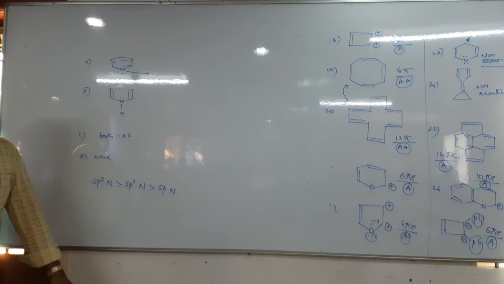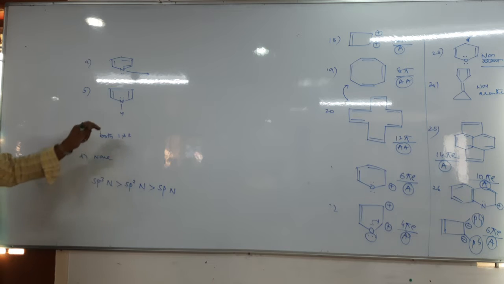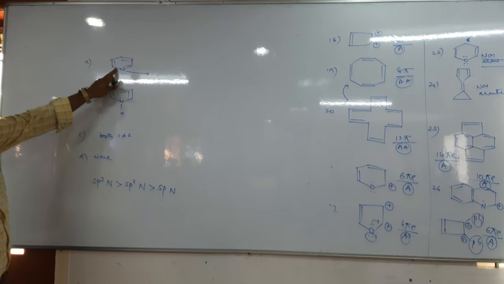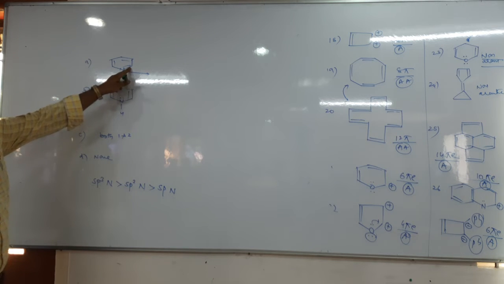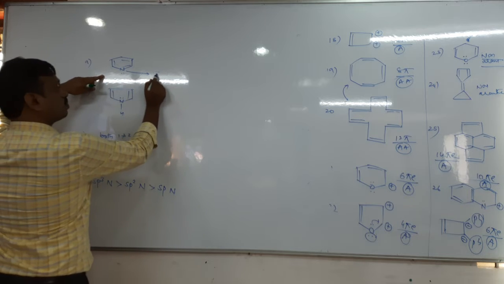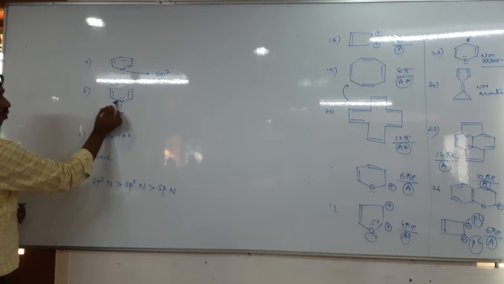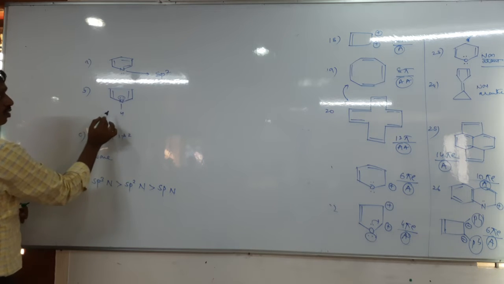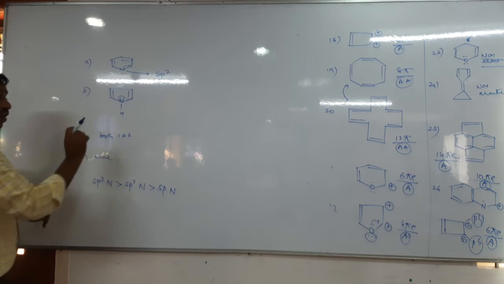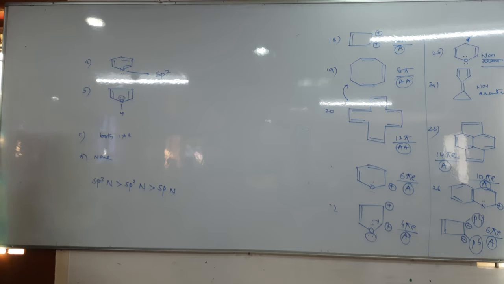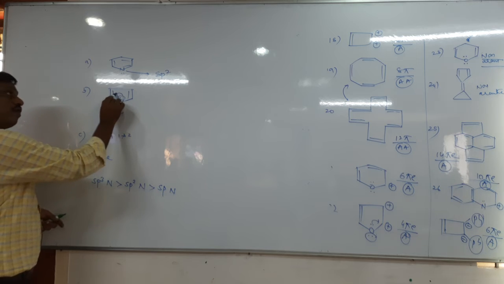Number of hybrid orbitals equals sigma bonds plus lone pair. How many sigma bonds? 1, 2. How many lone pair? 1. It means sp2. Now here, how many sigma bonds? 1, 2. Lone pair is? We need to see whether the lone pair is involved in resonance or hybridization. It is involved in resonance.